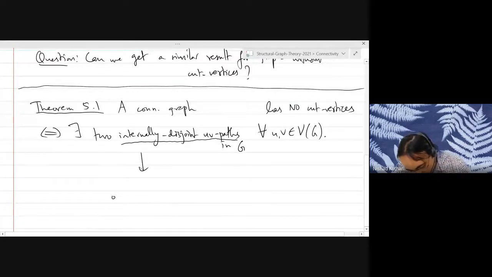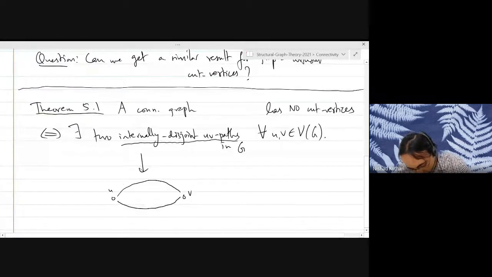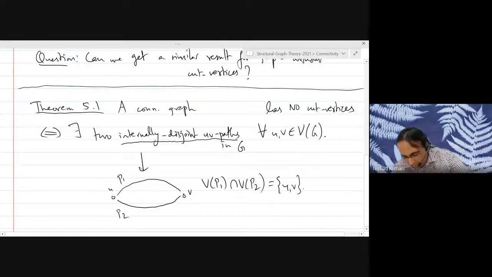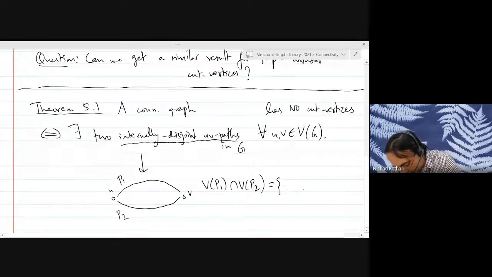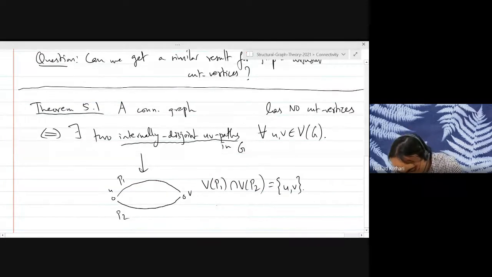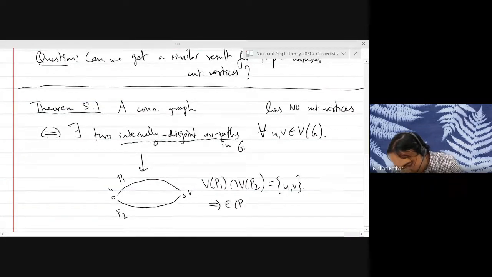So you have the vertex U, you have the vertex V. You will have 2 paths which do not share any other vertices. So the vertex set of P1 intersection the vertex set of P2 is exactly the set U and V. Well, they are both UV paths, so you can't avoid that. But apart from U and V, there is no other intersection. Okay, and notice that this implies that they don't have any common edges, because if they have common edges, then they will have another common vertex.